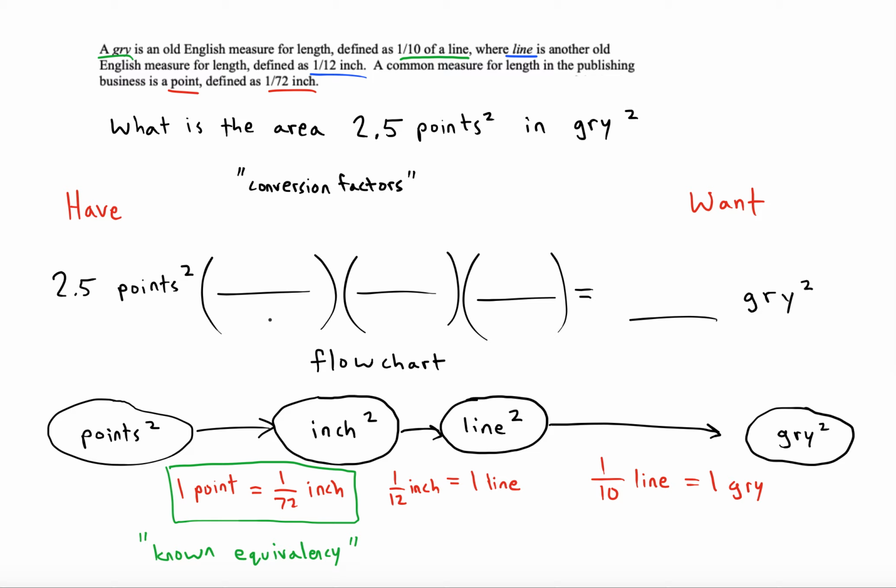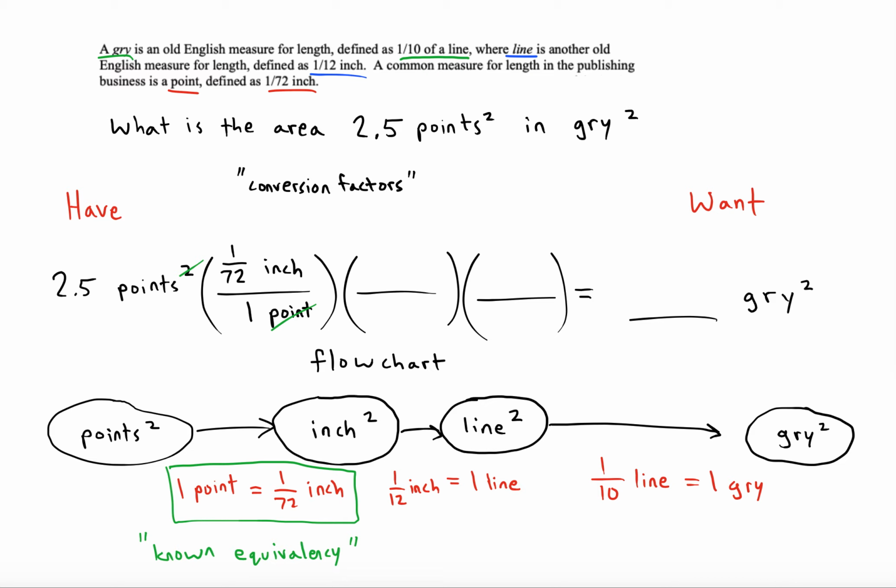And so see, points needs to go on bottom because you want it to cancel with the points that are above. So 1 point is equivalent to 1/72 of an inch. Now you can't totally stop there with that conversion factor because this one's squared.